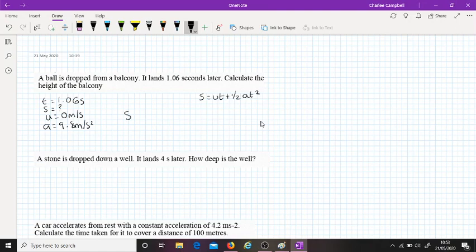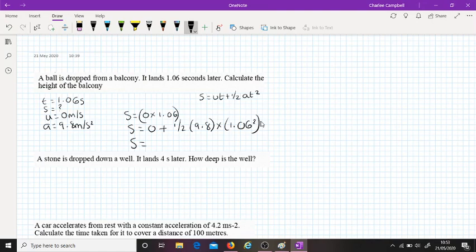So s equals, now 0 times something is obviously 0, so we can just ignore that bit, because we've got 0 times 1.06, so that's 0. And then we've got a half at squared, so a half times 9.8 times 1.06 squared.